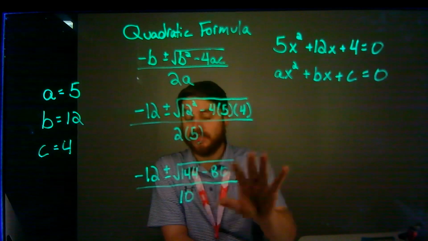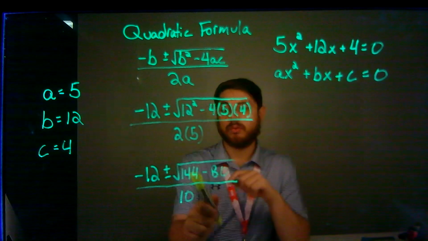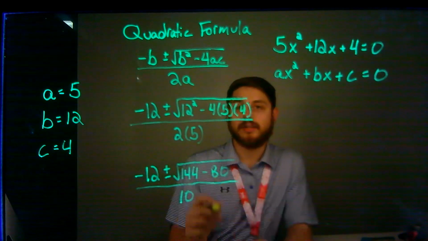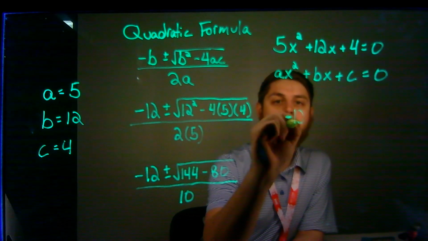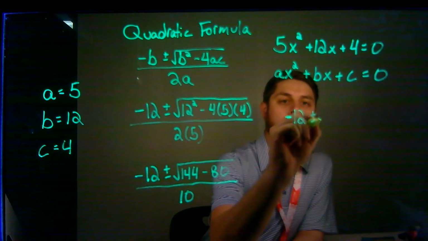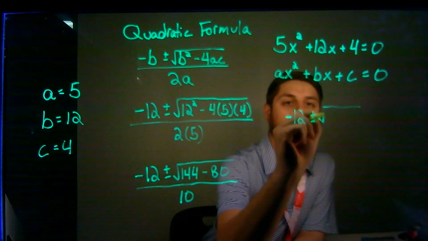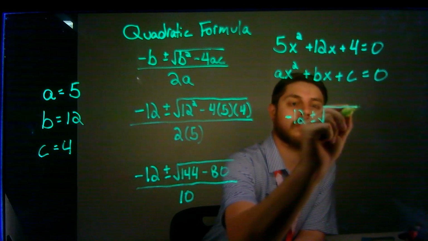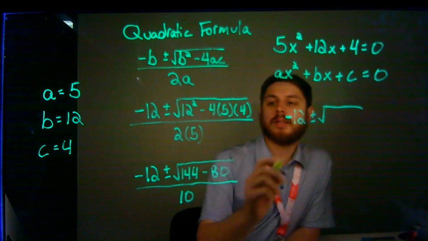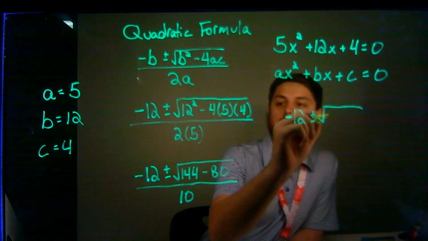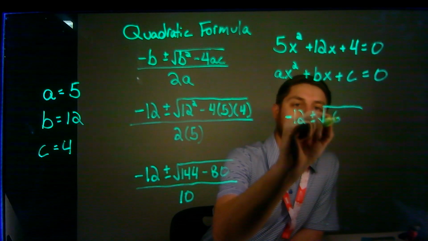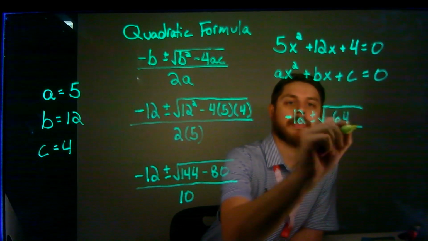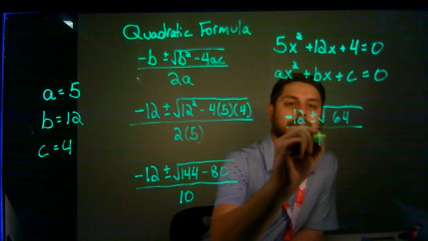From there, I'm going to keep simplifying. I'm going to keep going inside the radical. 144 minus 80. So I'm going to have negative 12 still, plus or minus the square root of 144 minus 80. So 64, all over 10.